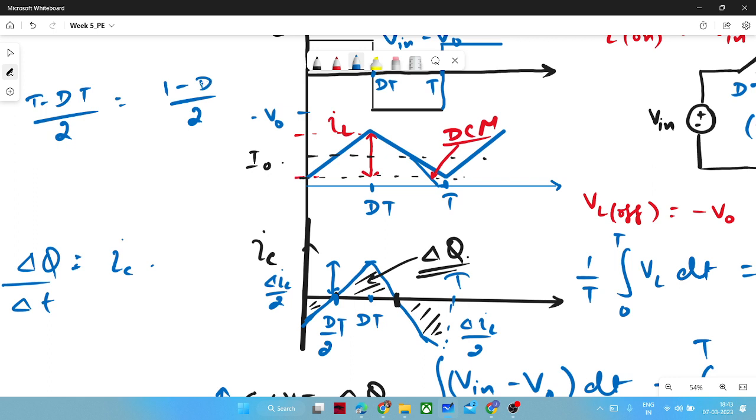Sorry, t plus this time stamp would be dt plus dt by 2. So 3 dt by 2, dt plus this dt by 4, I guess.